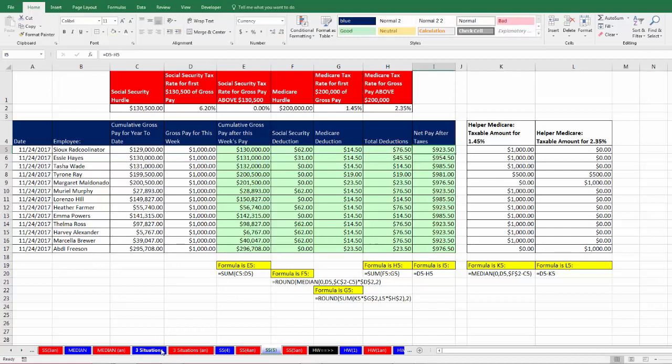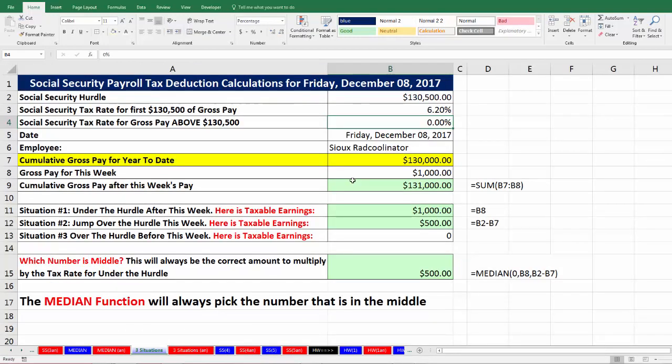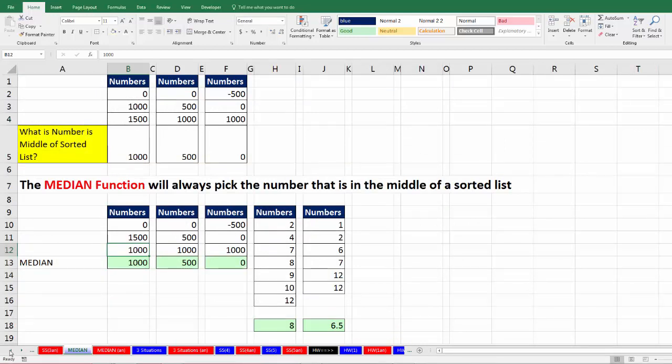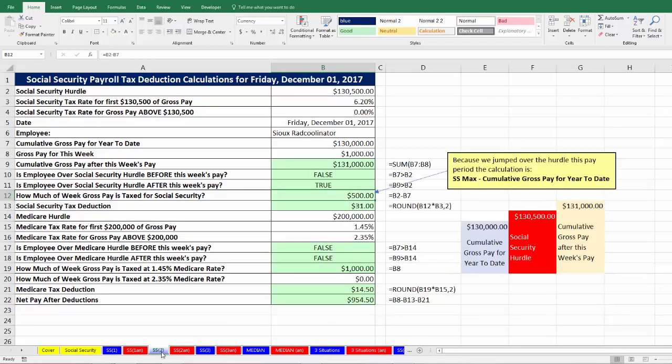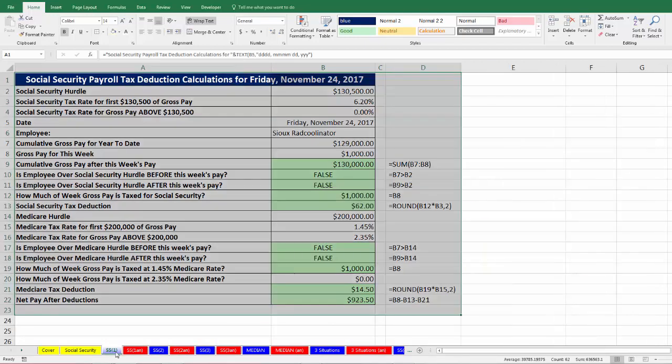We also, very importantly, talked about the three different situations when you're dealing with a hurdle and some rate. Our rate was a tax rate, but this solution using median can easily be used for commission rates also. We talked a little bit about the median function, and we talked about three situations, either above the hurdle, jumping over the hurdle, or below the hurdle.